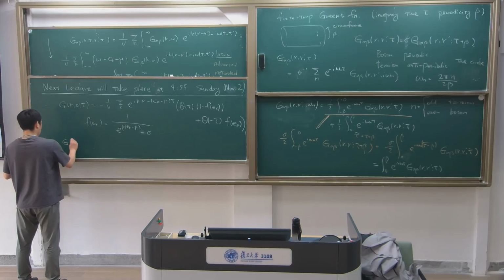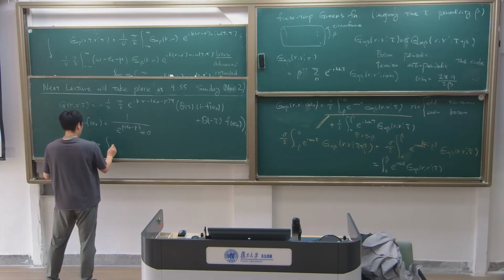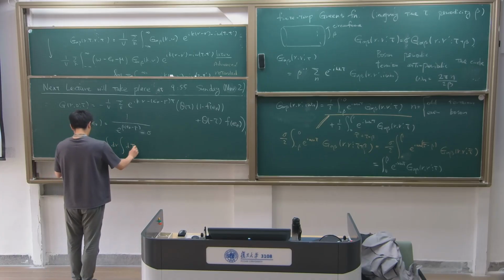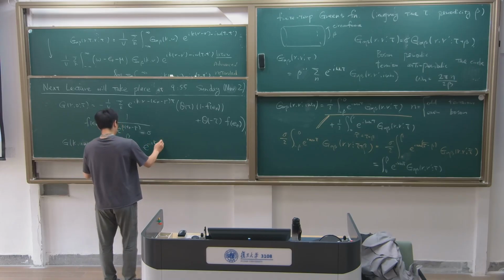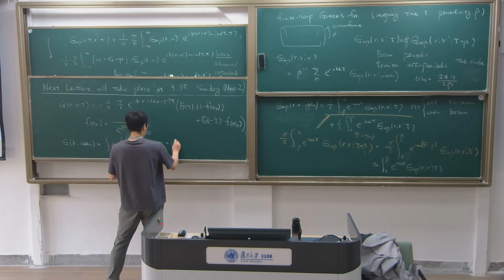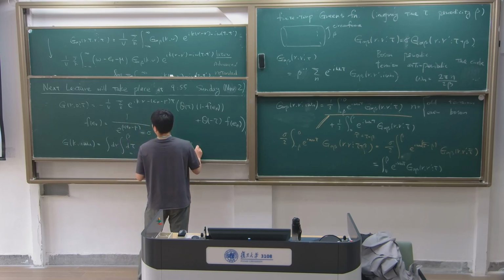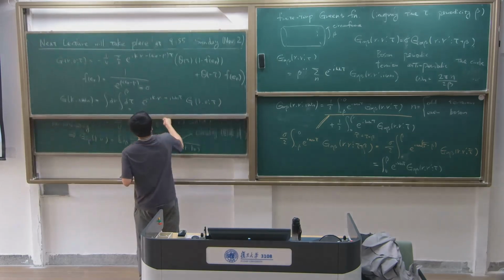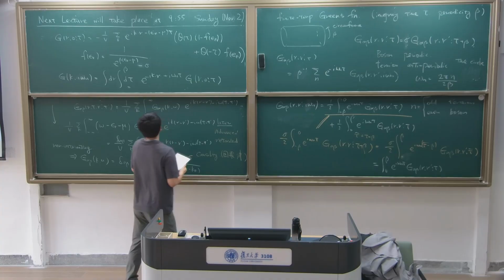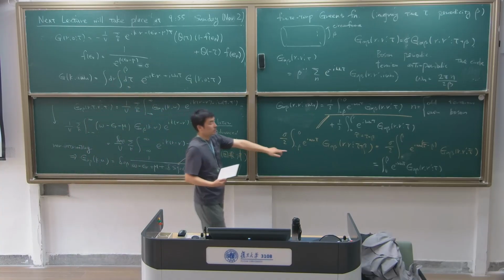So now for G, omega n is equal to the integral of R D R e to the beta, it's just the Fourier transformation. And then here, as I mentioned, from 0 to beta, coming from this one.